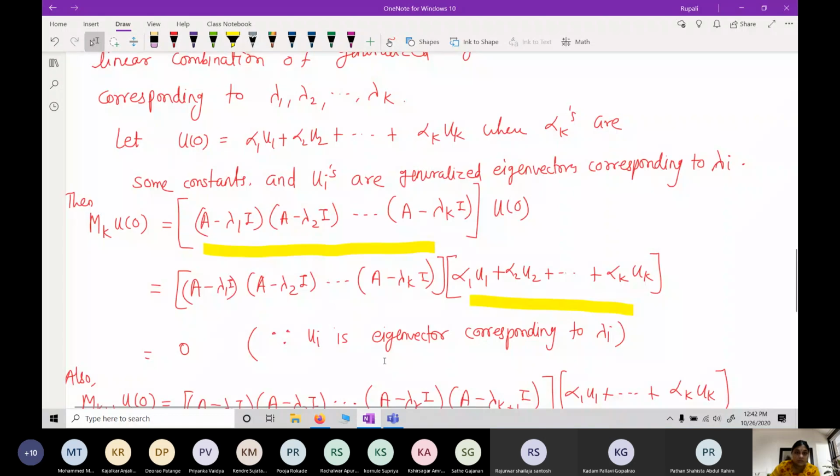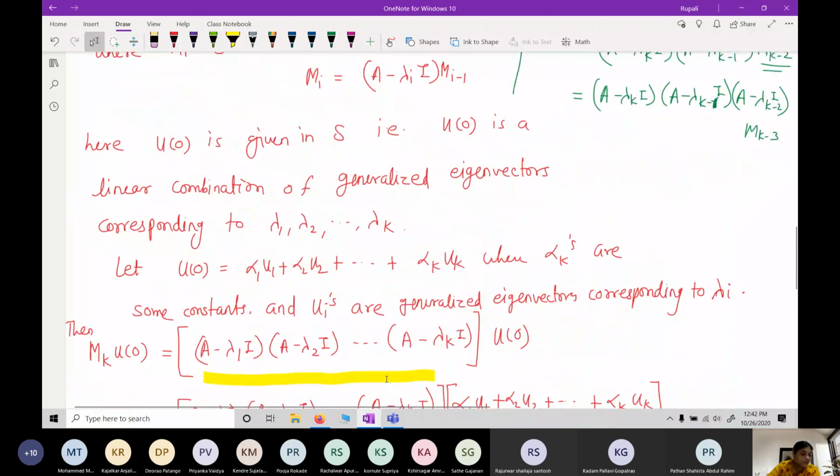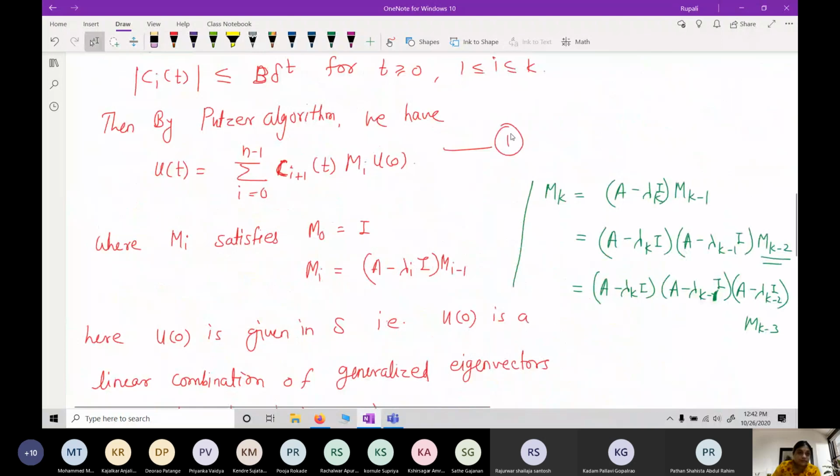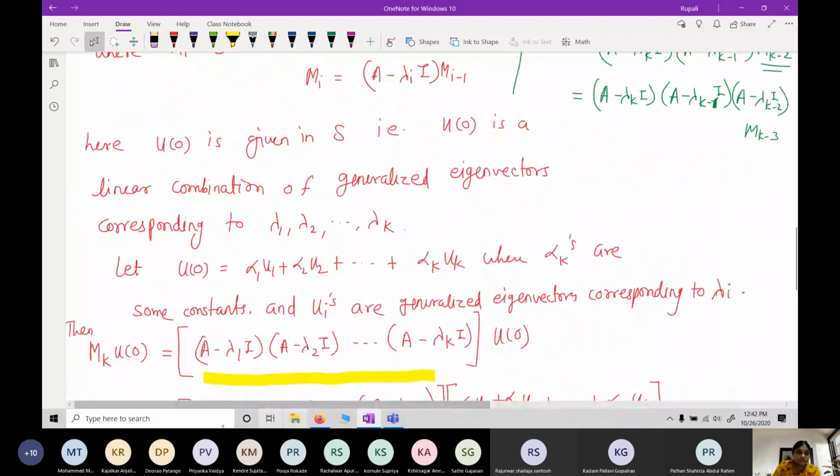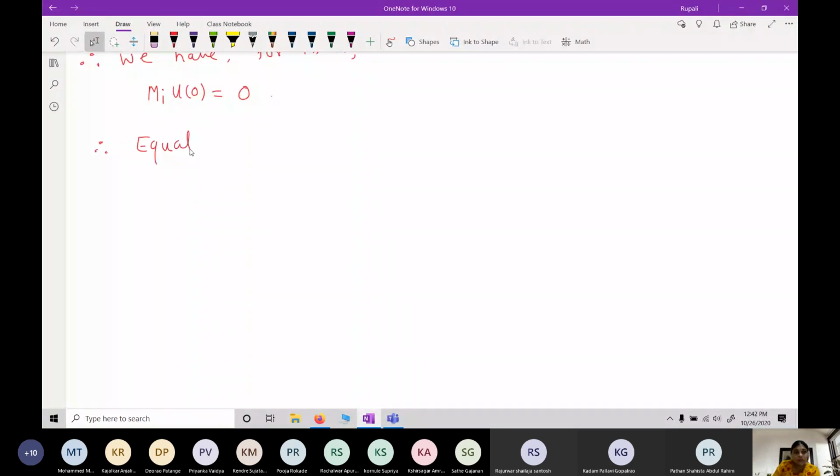So therefore equation 1 becomes u at t is equal to the summation i equal to 0 to, now instead of n minus 1, it will be up to k minus 1, because for i greater than or equal to k it is 0.